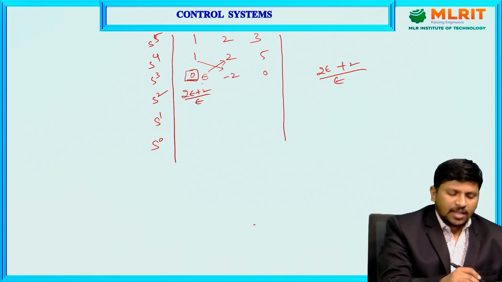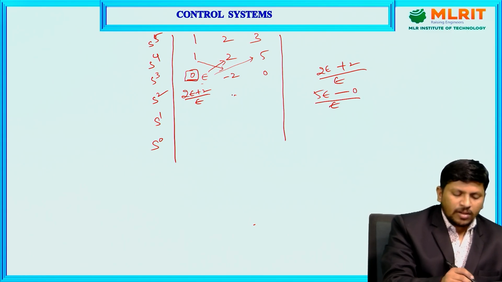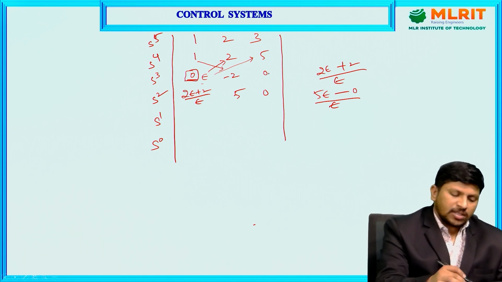For the next coefficient: epsilon multiply with 5, 5 epsilon minus 1 into 0, divided by epsilon. So the value is 5. The next elements have no value, so consider them as 0.